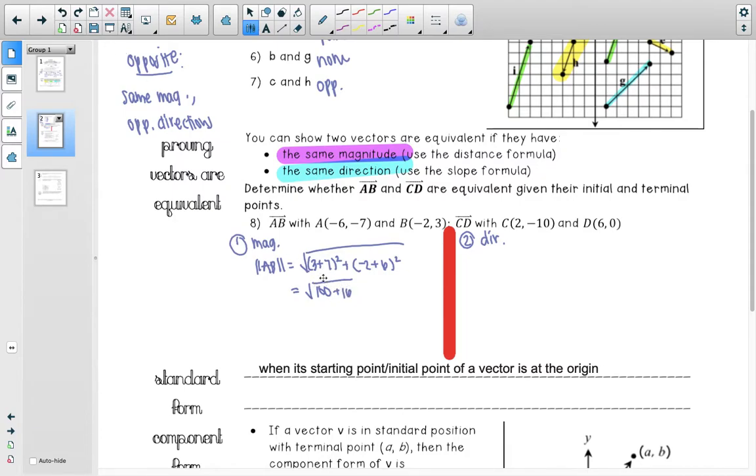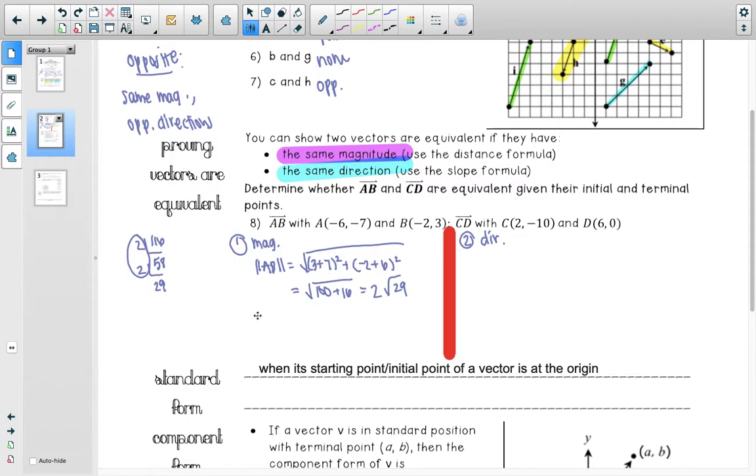All right, so if you were to simplify that, it's 116. We're going to divide it by 2. 116 divided by 2 is 58. Divide that by 2 and you get 29. And that gives you 2 square root of 29.